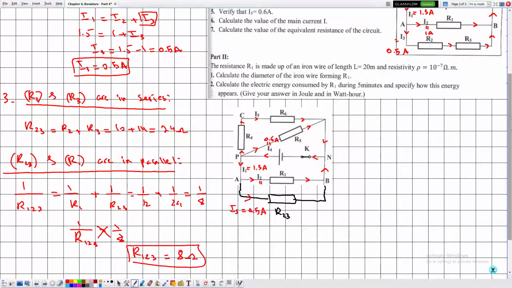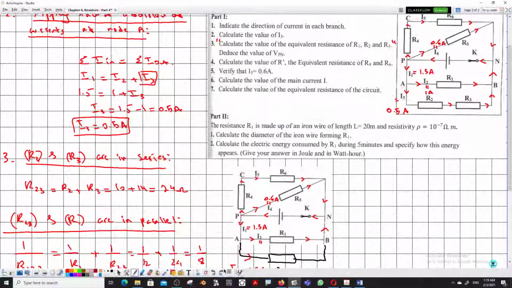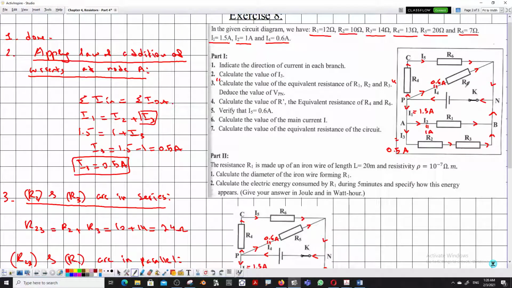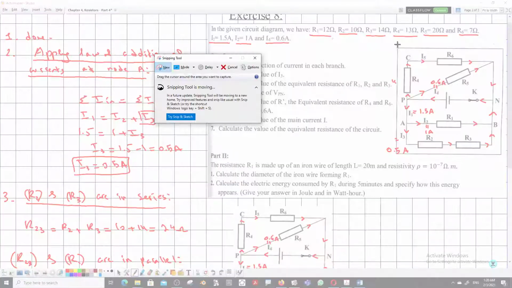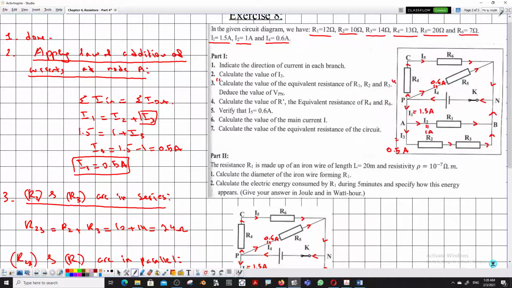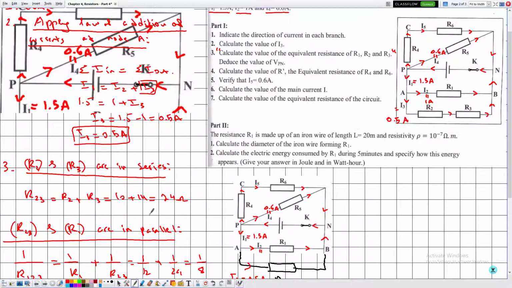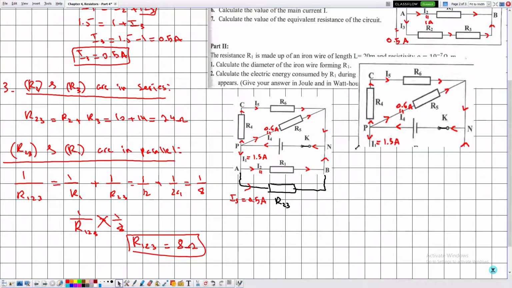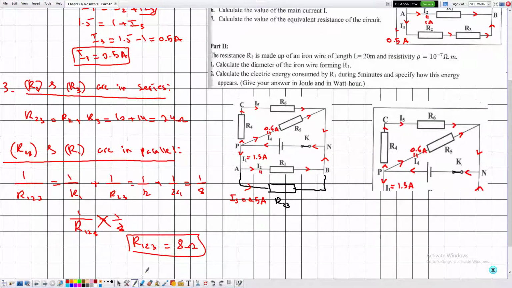Now let me represent a new circuit which is simpler, and we have the value of R123.